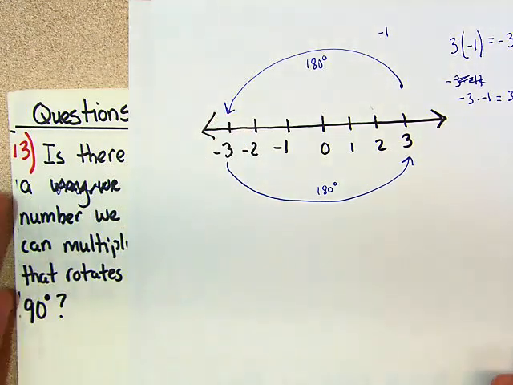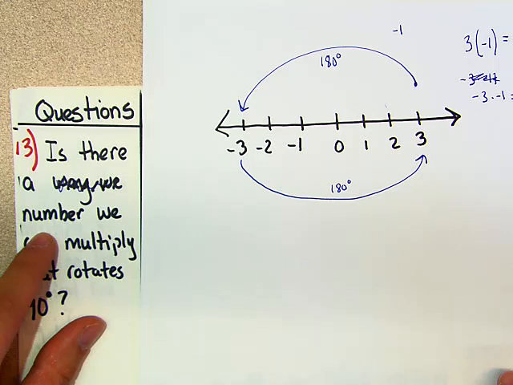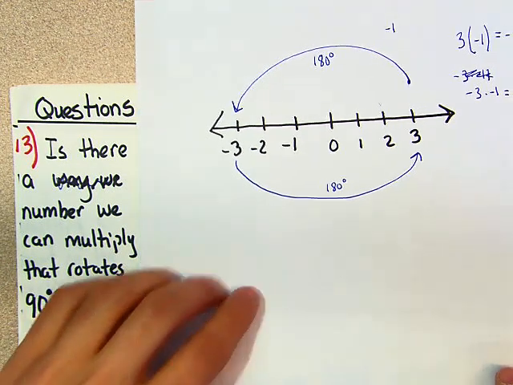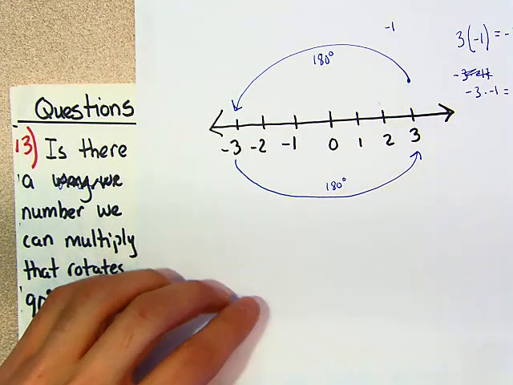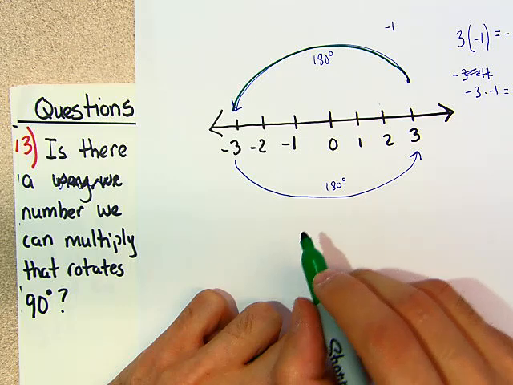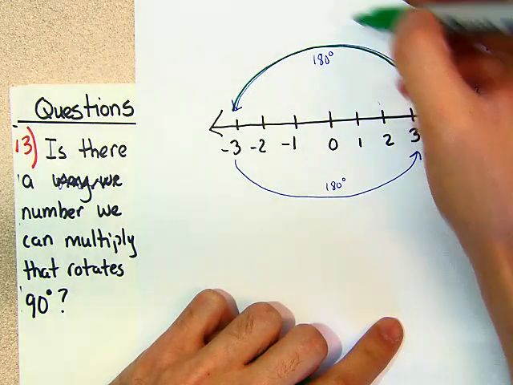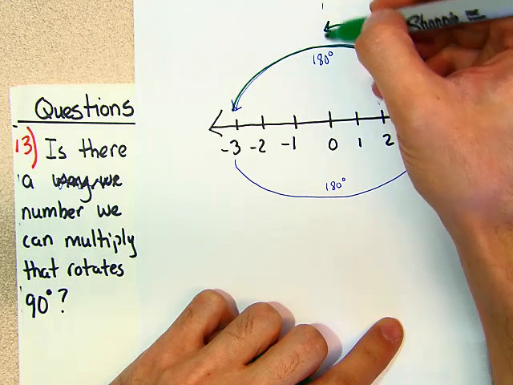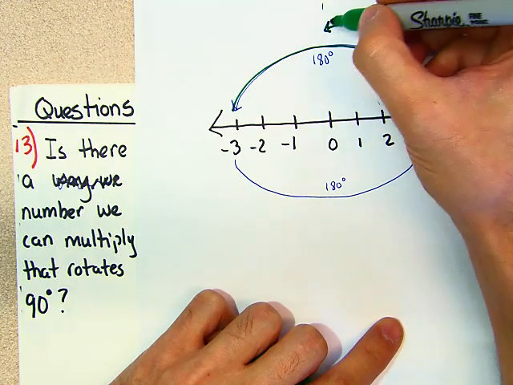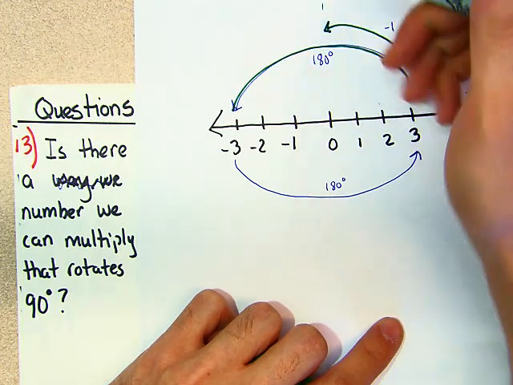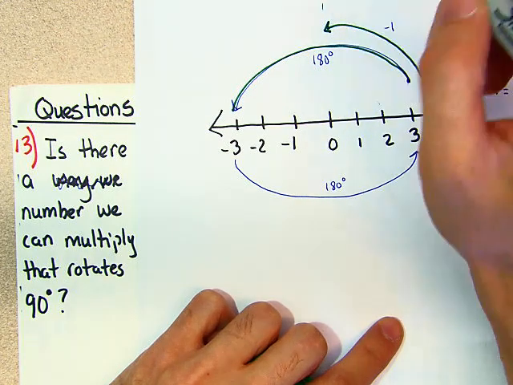But is there a number we can multiply by that rotates 90 degrees? Instead of going 180 degrees, 90 degrees is somewhere here. What number can we multiply that gets us here? And this is creating the universe.